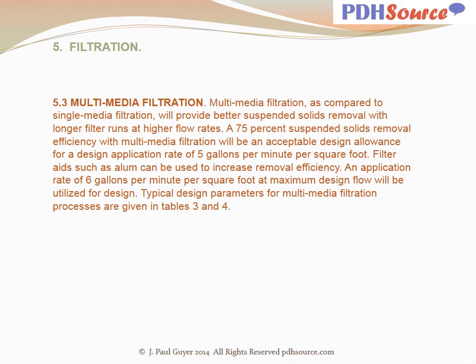Filter aids such as alum can be used to increase removal efficiency. An application rate of 6 gallons per minute per square foot at maximum design flow will be utilized typically for design. Typical design parameters for multimedia filtration processes are given in tables 3 and 4, which you will see in a moment.